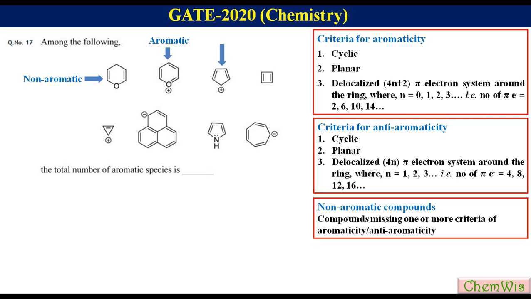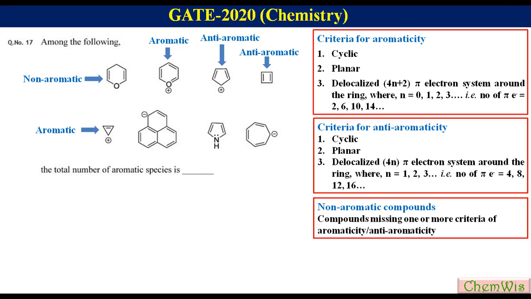This is cyclic and planar with 4 delocalized pi electrons, so anti-aromatic. This is cyclic and planar with delocalized 4 pi electrons, so anti-aromatic. This is cyclic and planar with 2 delocalized pi electrons, so aromatic.